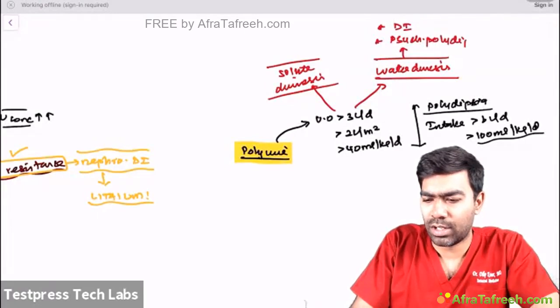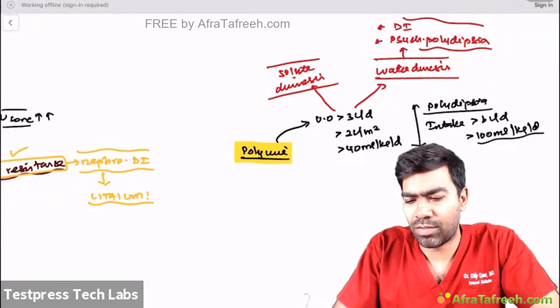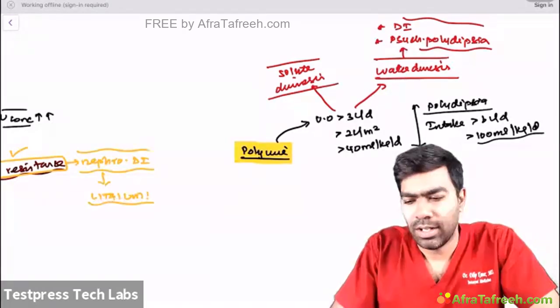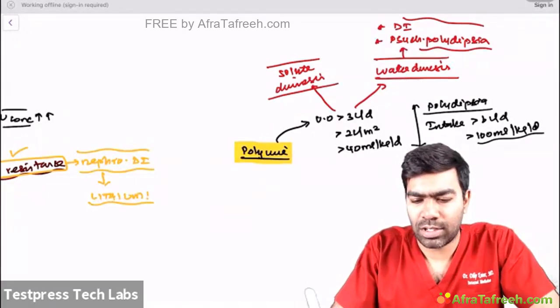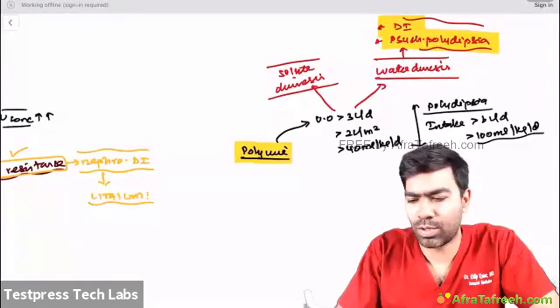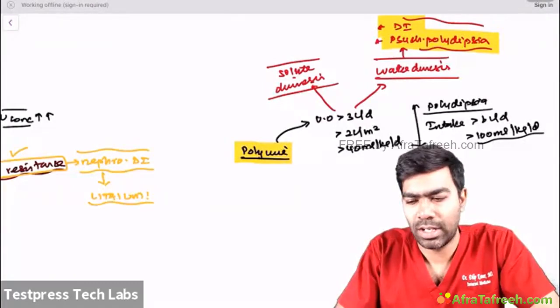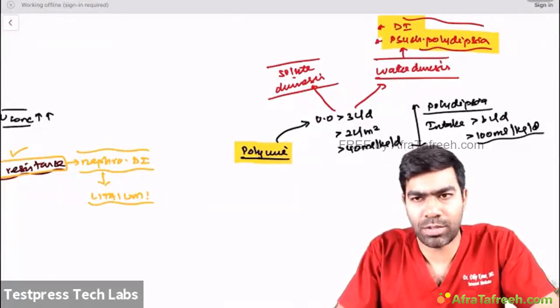So everything else will be a solute diuresis. The only two conditions which typically produce water diuresis are diabetes insipidus and psychogenic polydipsia, which we also call primary polydipsia or functional polydipsia. You can call it in any way.